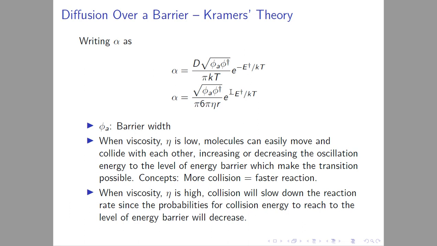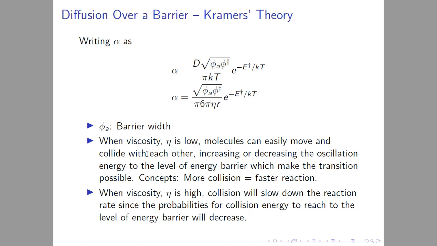So we can get the rate constant using this equation. Here PA is the barrier width.